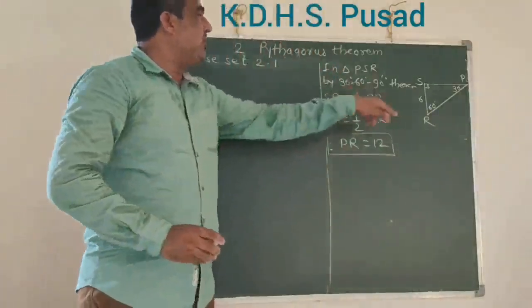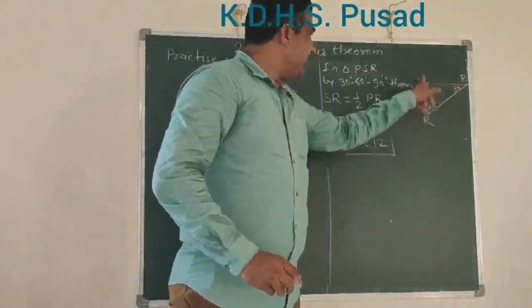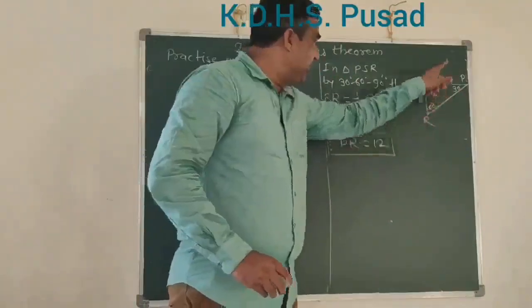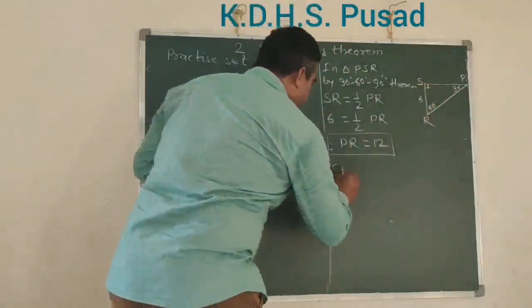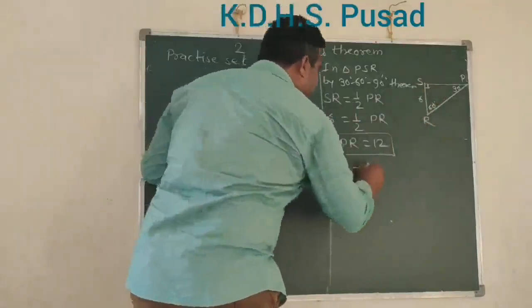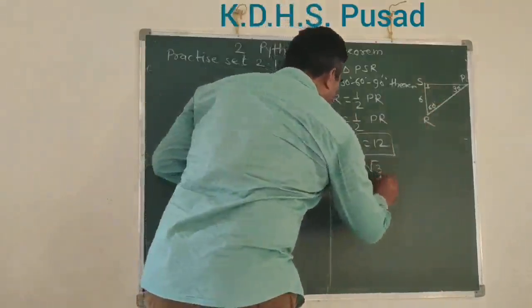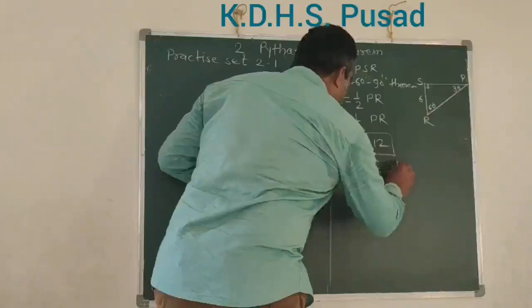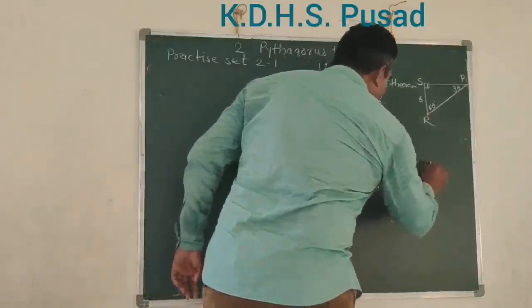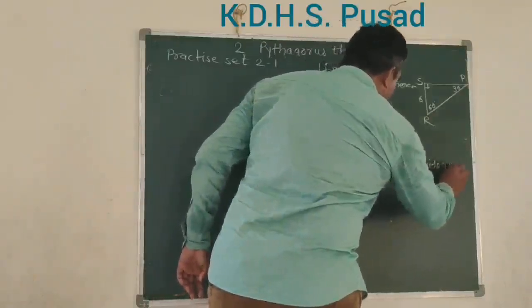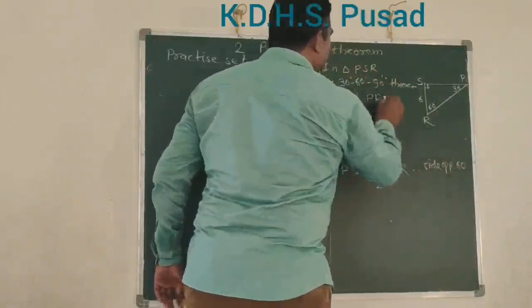Now we want to find SP. Now check, this is opposite to which angle? That is 60 degree. So here SP, the side opposite to 60 degree, is root 3 by 2 times the hypotenuse.